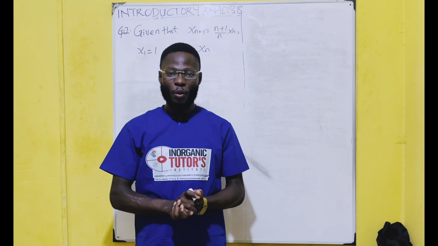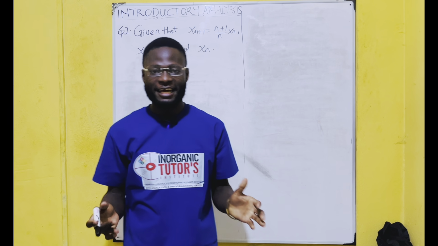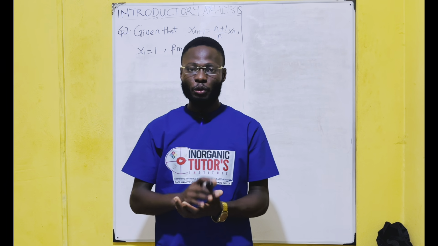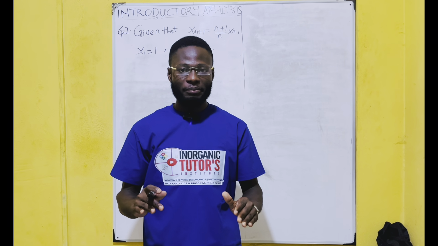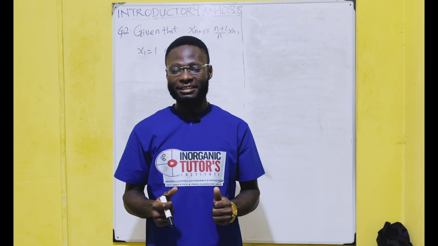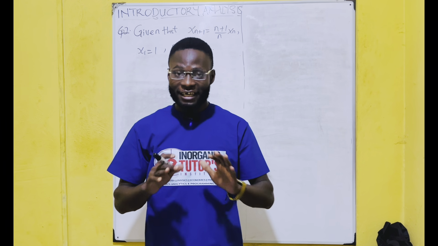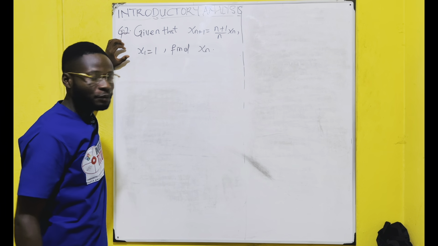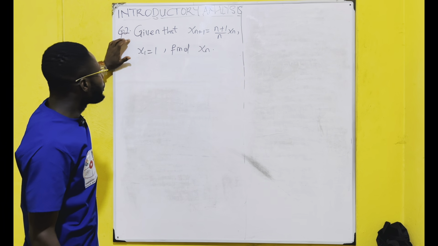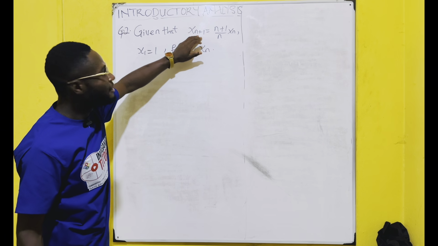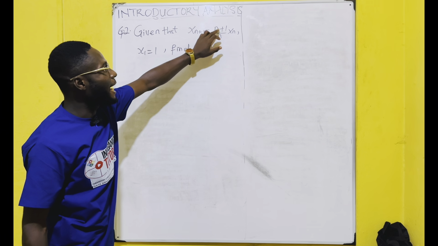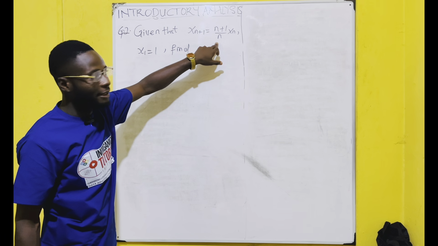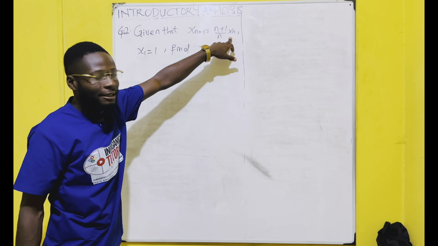All right, welcome back from the short break. I believe that you have been able to go through the very first problem and you are good with it. Great. Now that you are satisfied, let's go through question number 2. With question number 2, we have been given S(n+1) equals (n+1) divided by n times xn.